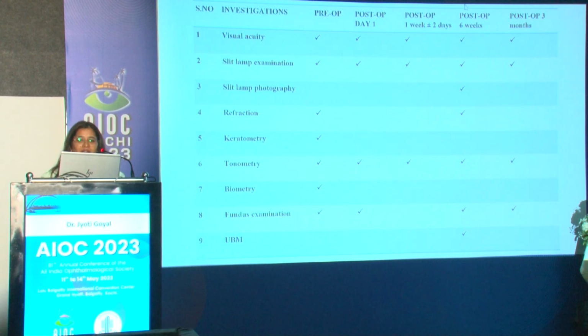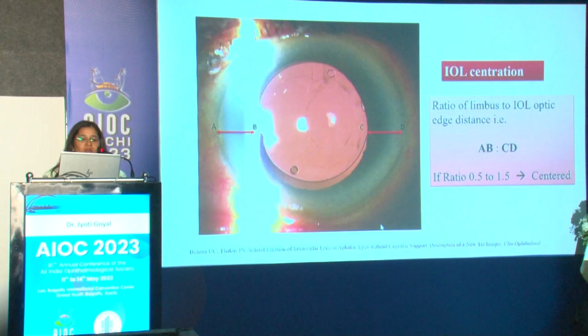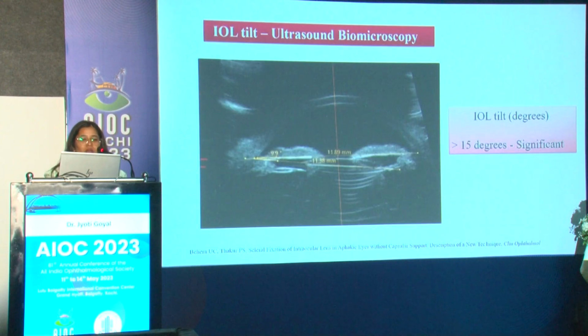In addition, at the 6-week follow-up, we look for IOL centration on slit lamp photography and IOL tilt via ultrasound biomicroscopy. On slit lamp photography, we calculate the ratio of limbus to the IOL optic edge, and if this ratio is between 0.5 and 1.5, it is said to be centered. On ultrasound biomicroscopy, we calculate the tilt of the IOL.